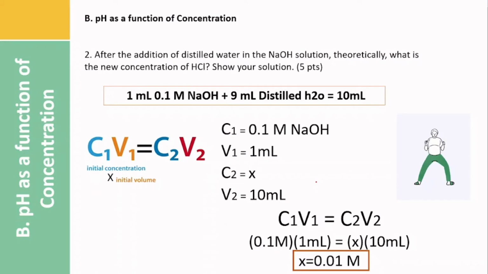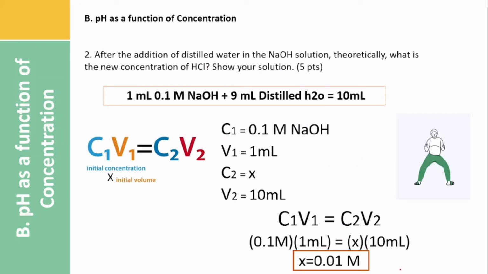Ang formula na gagamitin, do not forget, is C1V1 equals C2V2. Ang concentration 1 natin is your 0.1 molar sodium hydroxide solution. The volume 1 is 1 ml. And then, ang nawawala is yung pangalawang concentration. And then, the next volume is your 10 ml. 10 ml po yung gagamitin natin, ha? And then, kung gagamitin lang natin ang ating rules of math, magkakama po tayo sa answer na 0.01 molar.